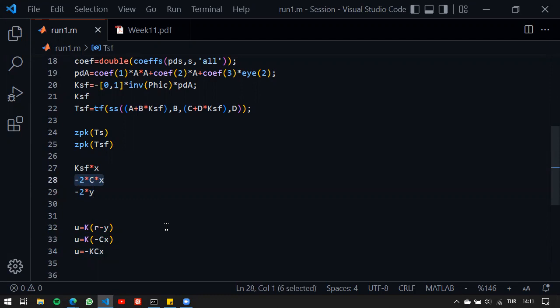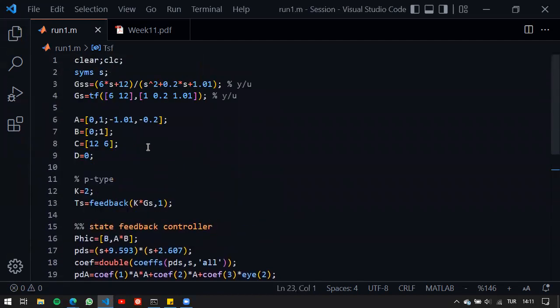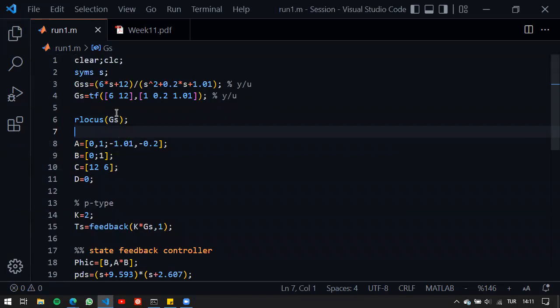So why would I use a state feedback, or what is the advantage of the state feedback? Well, I've chosen the exact same poles, but for the p-type controller, I will show you the limitation. So since we have GS, I can use the rlocus command in order to see which poles are available to the p-type controller.